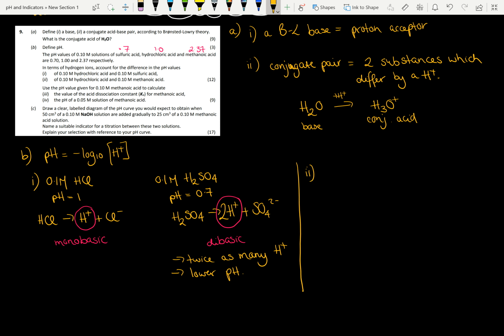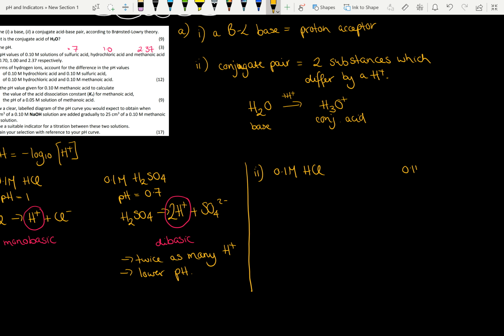The second comparison then is between the 0.1 molar HCl and the 0.1 molar methanoic acid. So we know that the pH of the hydrochloric acid is 1, and the pH of the methanoic acid is 2.37.